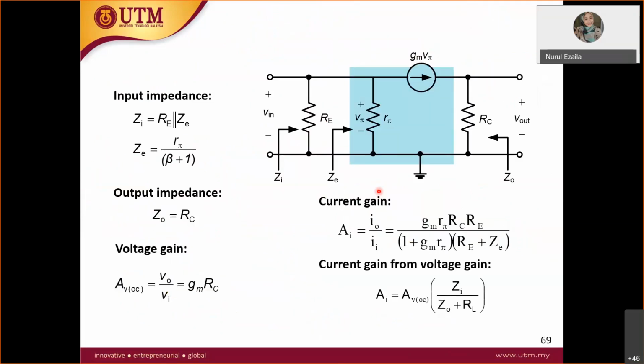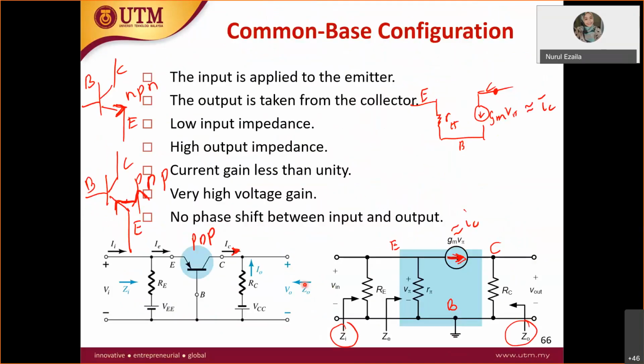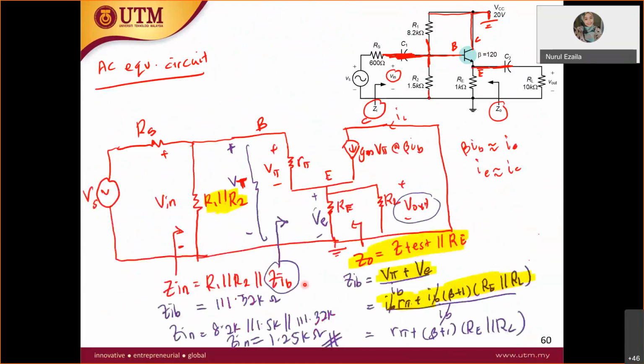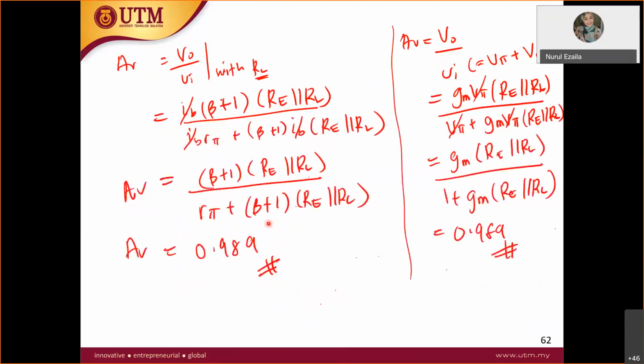Same goes, let me show you in the previous slide. When I said V out over here, it is actually the voltage across all these resistors, because all these resistors are in parallel. That's why V out is current times the total resistance in parallel here, which is RE parallel with RL.